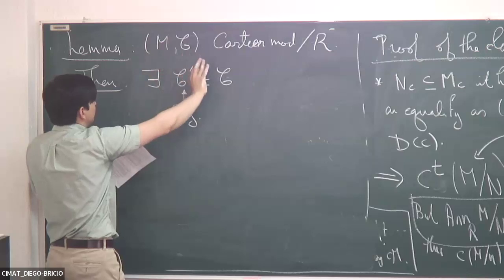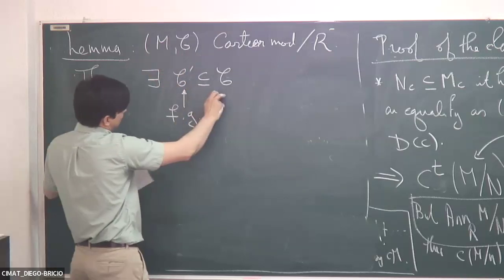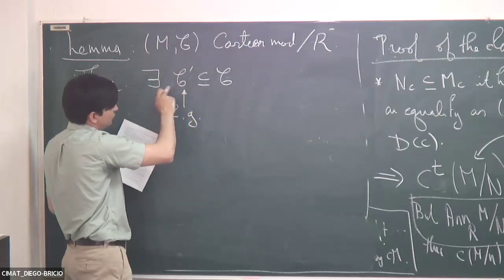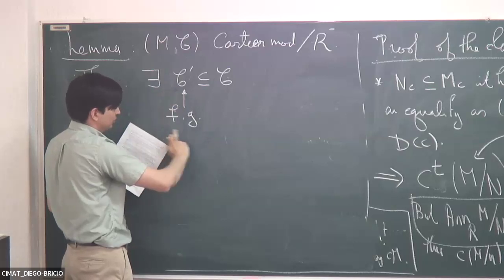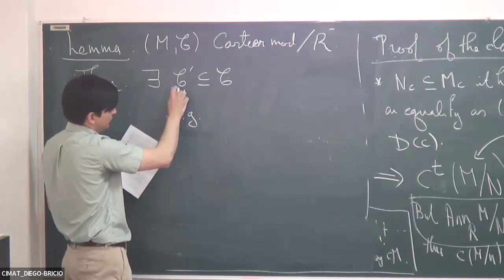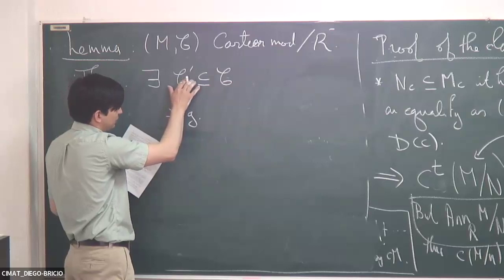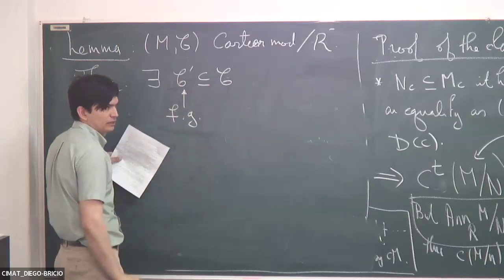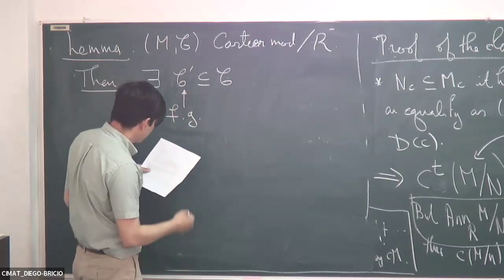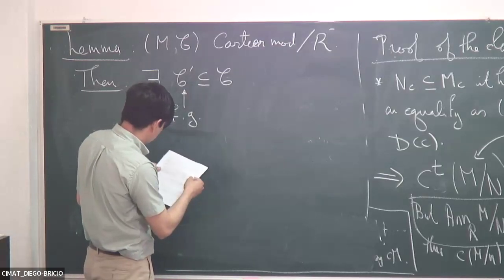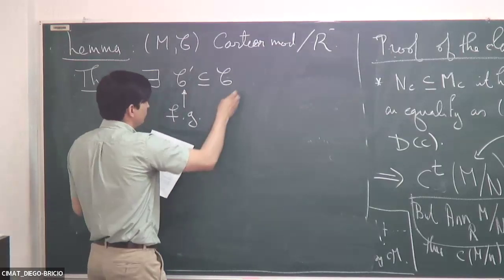So we have a Cartier module, initial setup. And so what I claim is that C contains a Cartier subalgebra that is going to be finitely generated. So essentially, I'm just going to be taking finitely many elements here. I'm just going to take the algebra generated by that. So such that two things happen.